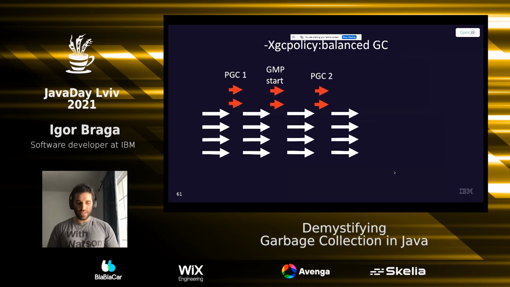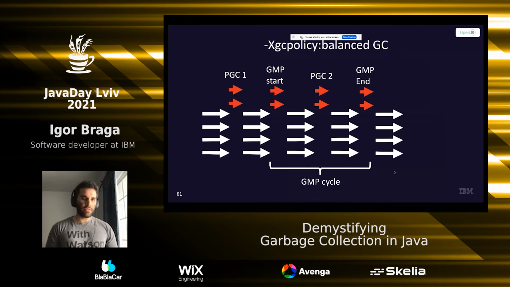GMP stands for Global Marking Phase, and its sole job is to mark objects and help PGC with this local information, because GMP has global knowledge. At the end of the GMP, it's going to update PGC information so that it can make better decisions on what regions to collect.